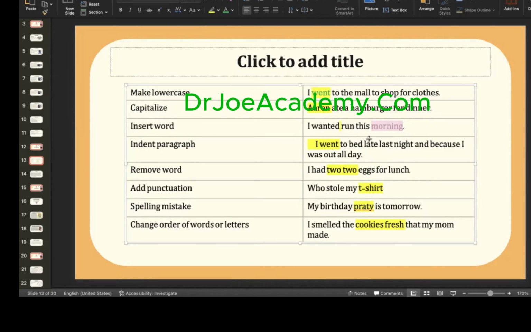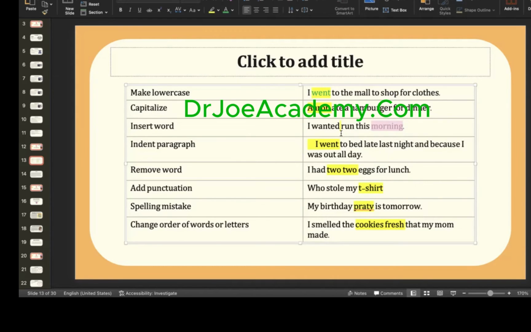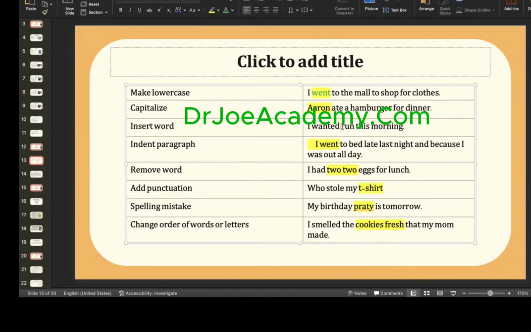What is the mistake in this sentence, Elizabeth? What do you notice that's missing? What's missing, Elizabeth? What word is supposed to be here, Elizabeth? Say one more time, Elizabeth.